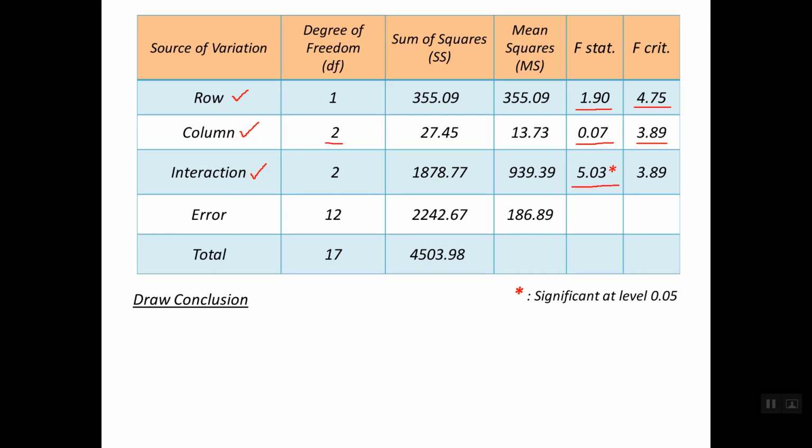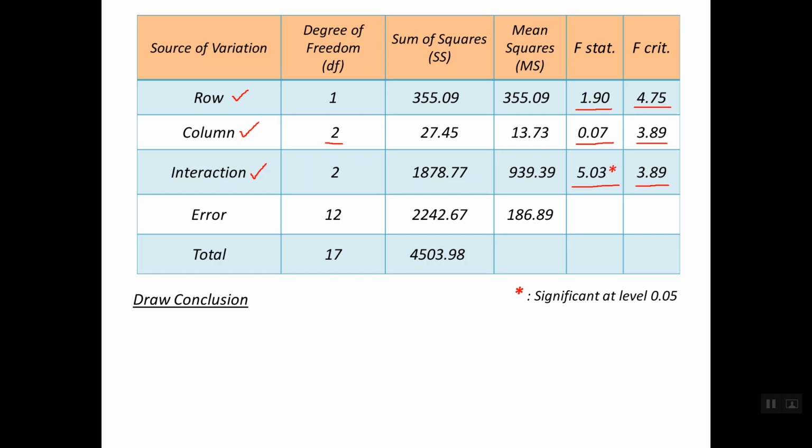see here the value of the F statistic is greater than the value of the F critical. So in this case, for the interaction, we reject the null hypothesis and accept the alternative one. And the alternative hypothesis for the interaction always states that there is an interaction.